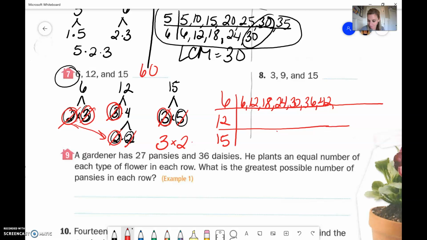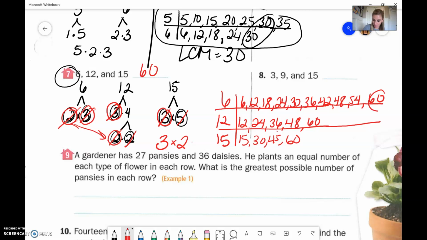I gotta make this even longer, especially on this one, because it's the smallest one. 48, 50, sorry, 54, 60. Okay, so 12, 24, 36, 48, 60. 15, 30, 45, 60.